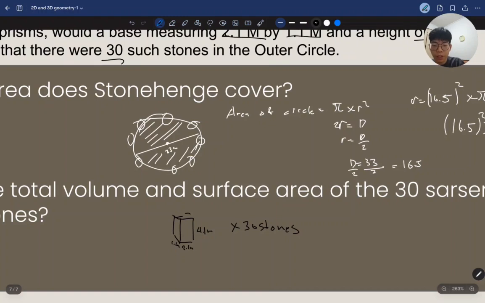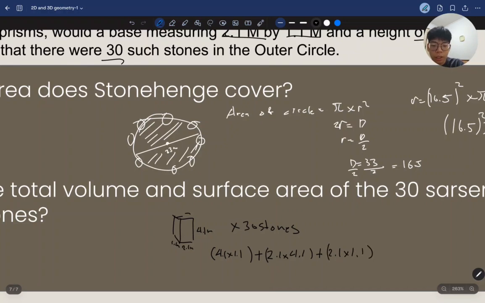To find the surface area, we should do 4.1 times 1.1 plus 2.1 times 4.1 plus 2.1 times 1.1.